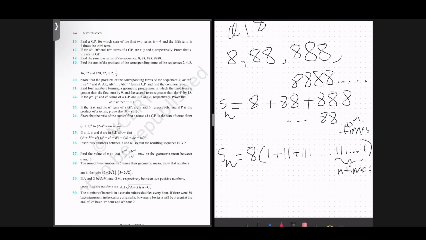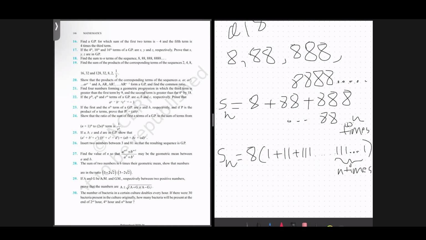I've just taken out 8 common from all these terms, and that happens because when I multiply 8 into the bracket, what I'm going to get is the sequence that I started with, right? 8 into 1 is 8, 8 into 11 is 88, 8 into 111 is 888, and so on and so forth, right? I've done nothing but I've taken 8 common.